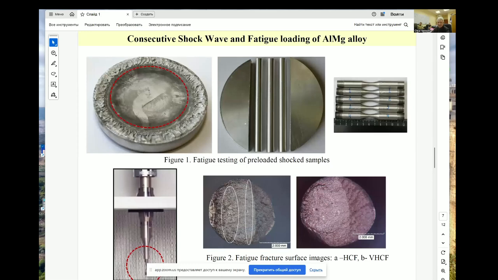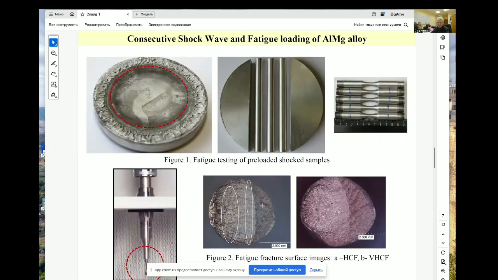Then, after preparation from this cut volume of aluminum magnesium alloy, we obtained standard samples that were used in the condition of high cyclic fatigue and very high cyclic fatigue to reveal specific fracture surfaces for both, with generation of the fisheye area, the area of fine grain where the crack propagates, and the final area which leads to the fracture of the sample.